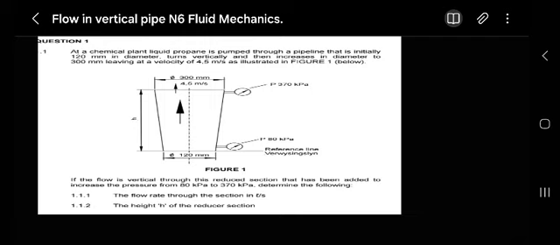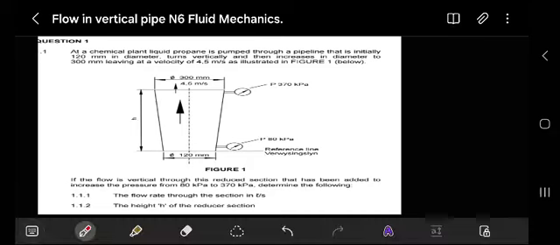We have the vertical pipe. This is a flow, the water flowing vertically upwards. This is a vertical flow of water. They've shown the pipe and given us pressures and the diameters. Initially, we can call this pressure 1, P1, then this one will be pressure 2, P2.